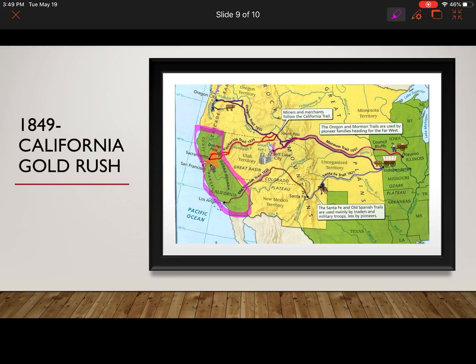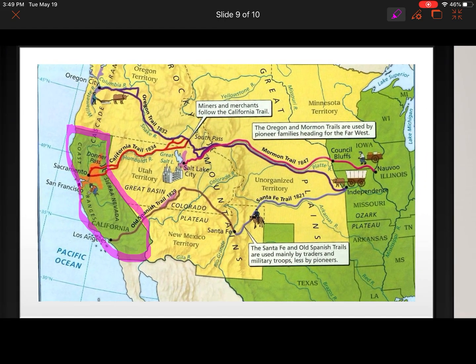You see on this map all of the famous trails that settlers used to rush out west. Famous trails like the Oregon Trail, which brought people to the Oregon country. Famous trails like the California Trail and the Donner Pass that was used to bring people into present-day California, the old Spanish Trail, which leads to present-day Los Angeles, the Santa Fe Trail, the Mormon Trail.